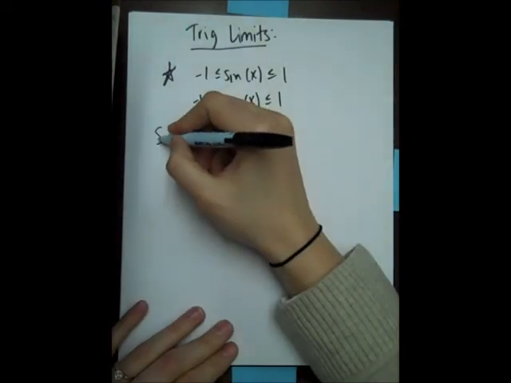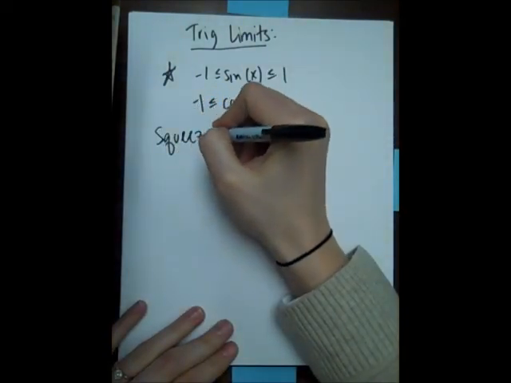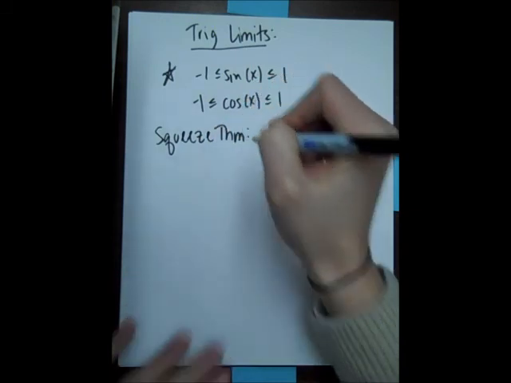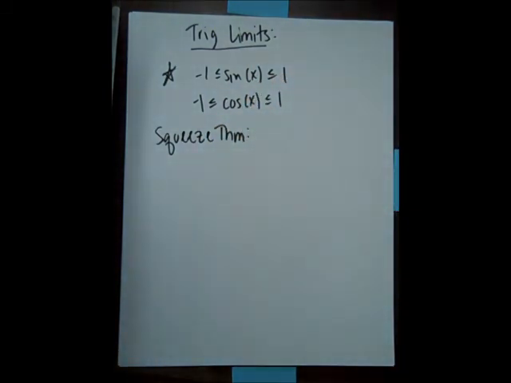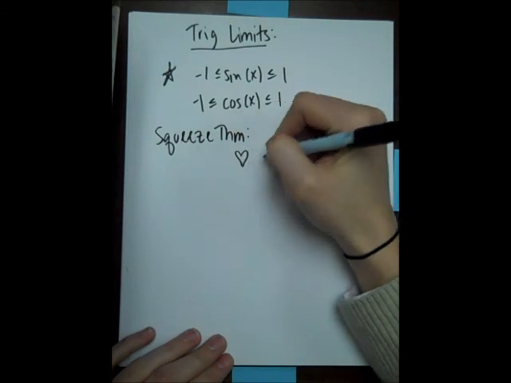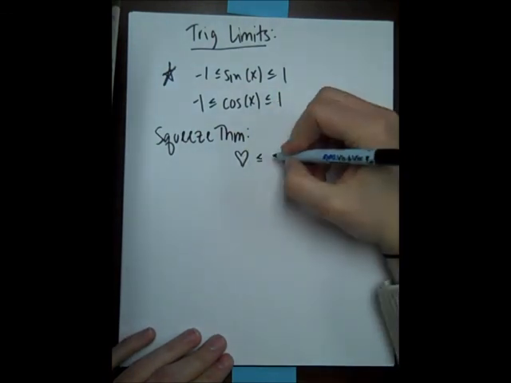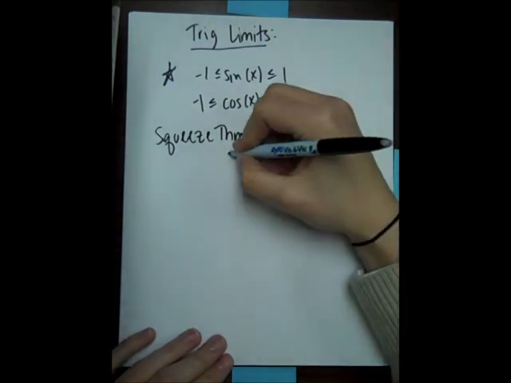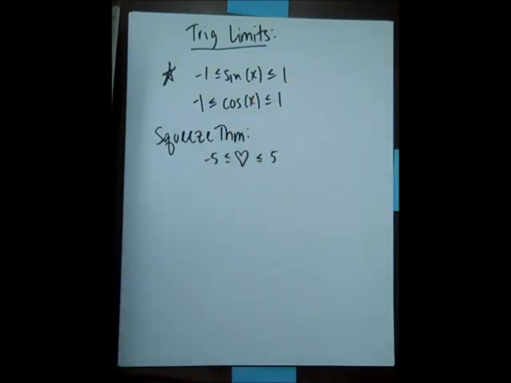The idea behind the squeeze theorem is that if we can take something, let's call it a heart for right now, and we can bound it above by, let's say, the number 5, and we can also bound it below by 5.